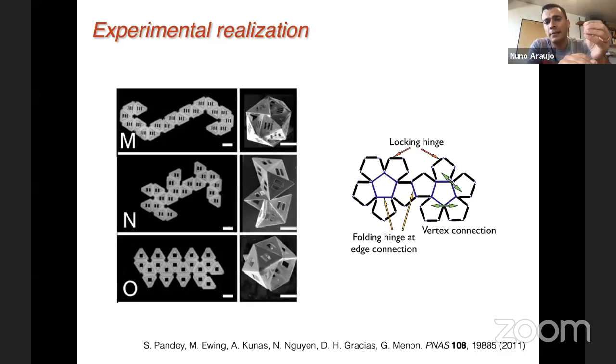Since they heat up the system, the solder melts, and so the hinges become flexible and the structures start to fold. In addition, they coat the surface of the edges of all the panels with solder, so when these edges become sticky and two edges come into contact, they bind together due to the solder there.